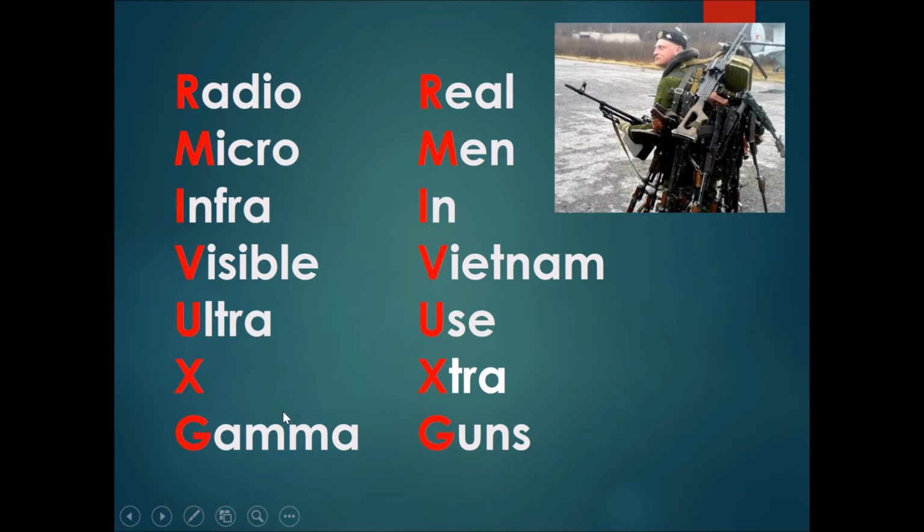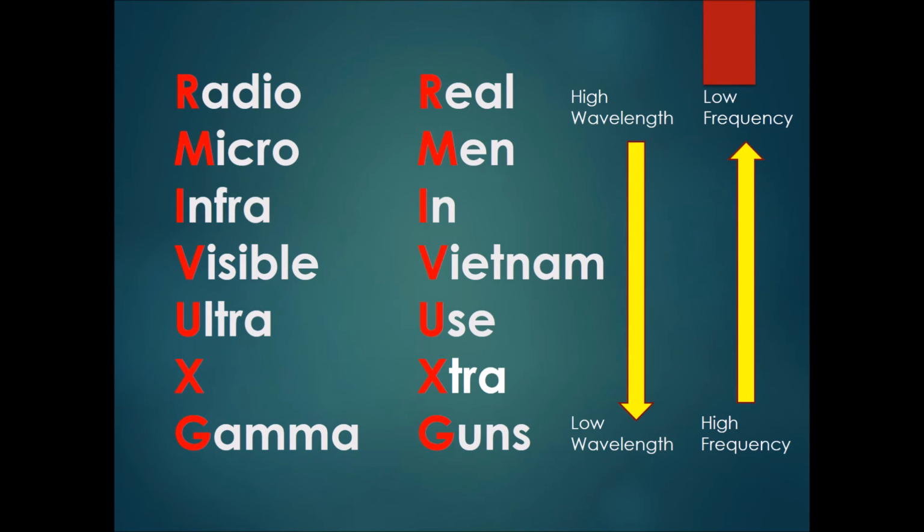words in order. Now, besides remembering them in order, we should also remember which one has highest wavelengths and which one has highest frequencies. So, I've arranged them in this way so that I can remember that the first one has the highest wavelength.